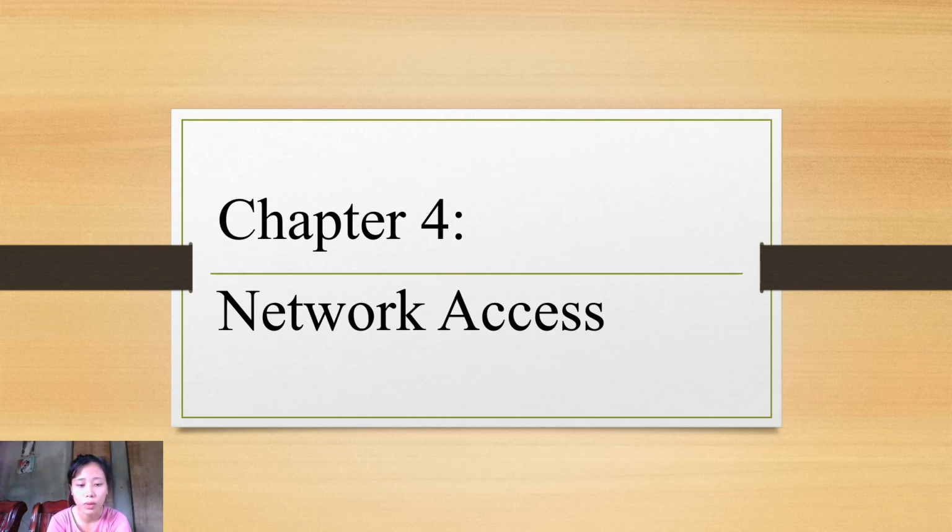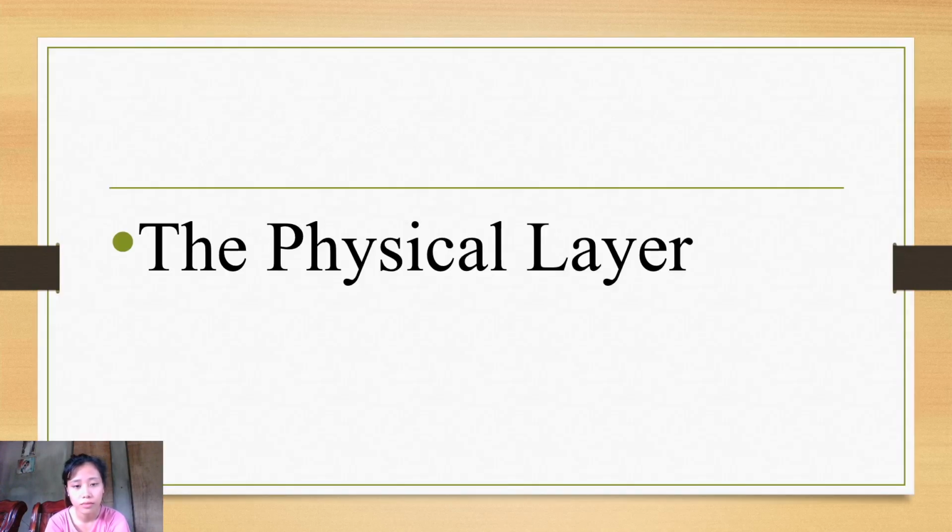For the next one, we have the physical layer. The OSI physical layer provides the means to transport the bits that make up a data link layer frame across the network media.